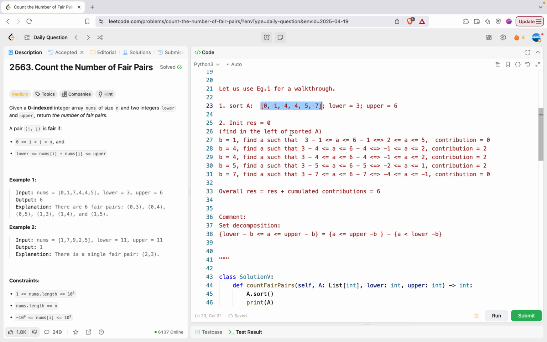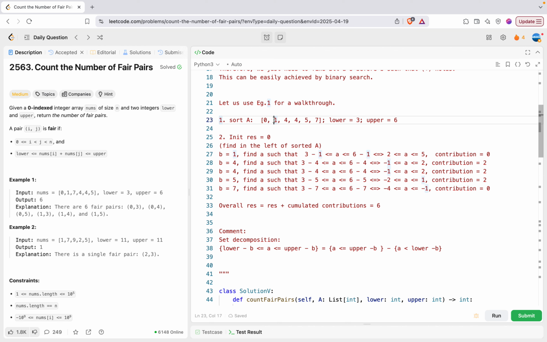Because we consider pairs, we start from index 1, in other words B equals 1 first. We need to find the previous A's such that lower minus this number and upper minus this number give the bound of A. So A should be between 2 and 5, but there is no element in between. So this contribution is 0.